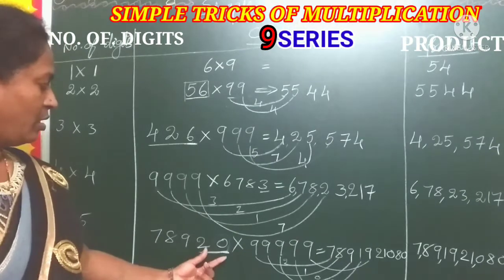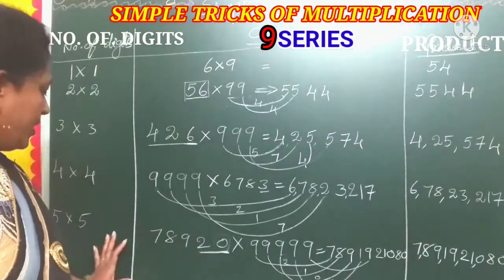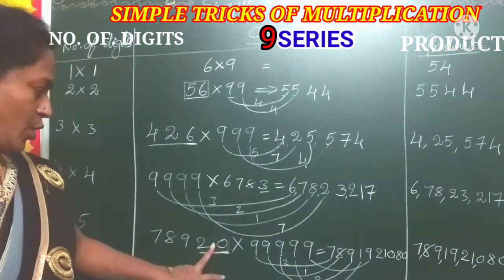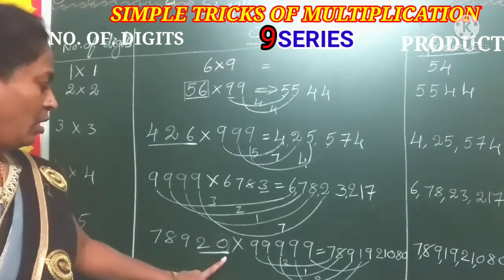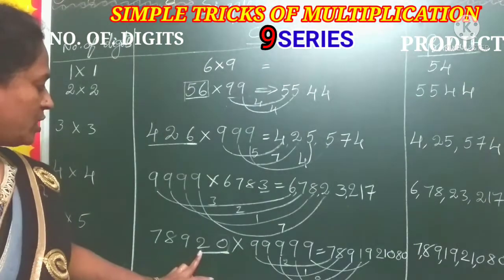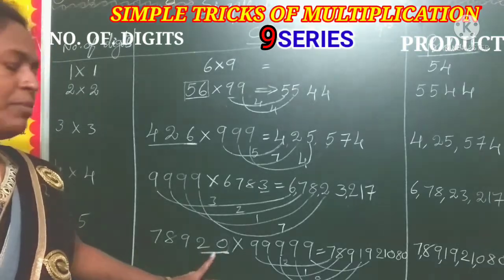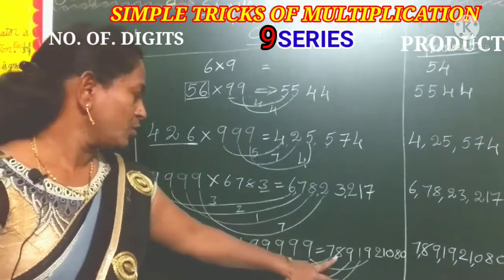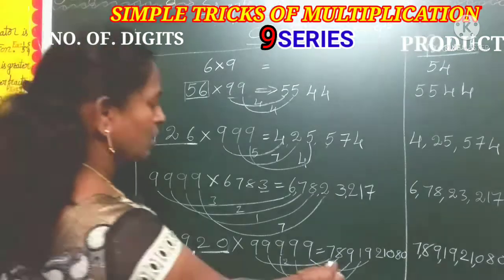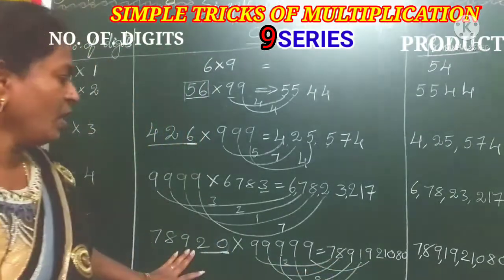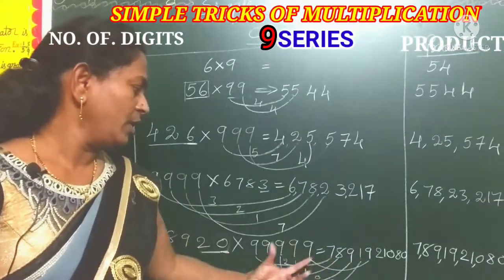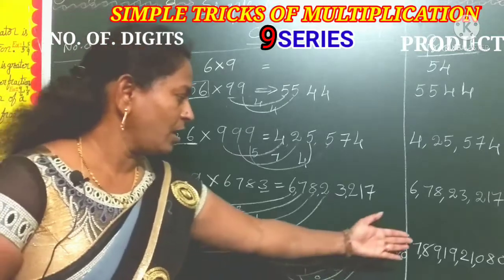See here, in that 5-digit number, in units place 0 is there. 0 means what we did here, 0 means we can take a 2-digit number. 2 digits means 20. So 20 minus 1 is 19. So that 789 and 19.